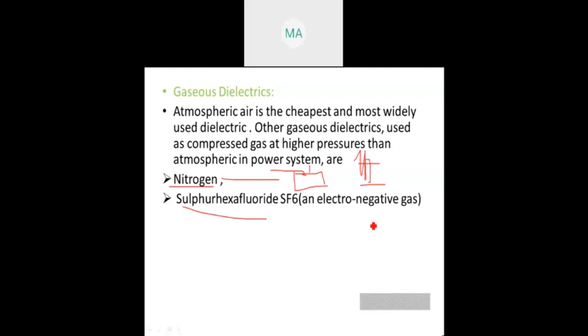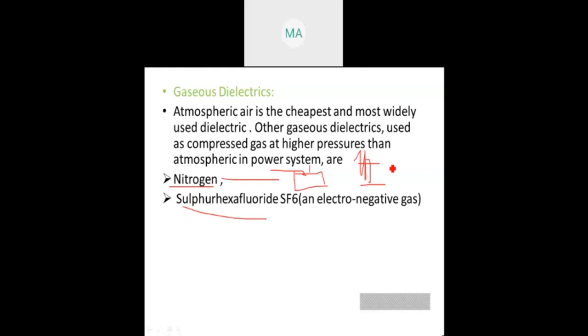Here a circuit breaker is nothing but like a fuse. Here is the incoming line, here is the outgoing. Whenever a fault occurs, it will break the healthy section from the fault section.